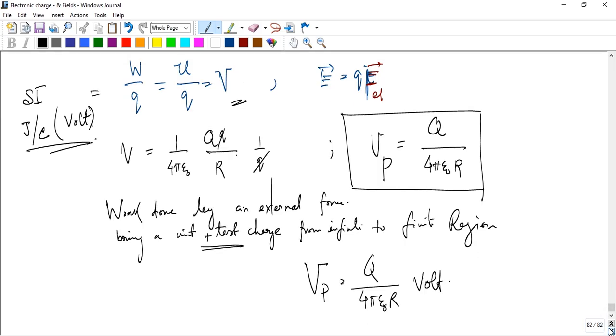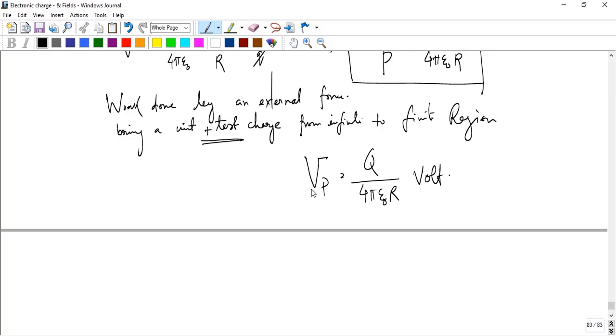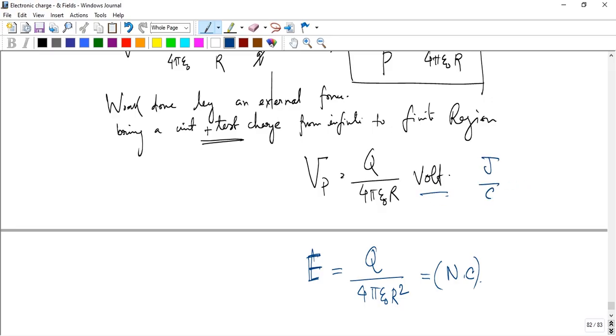So potential is a scalar field. And check the difference between V and E. E is equal to Q over 4 pi epsilon naught R square, the electrostatic force per unit charge, with unit newton per coulomb, whereas for potential we get volt, meaning joule per coulomb.